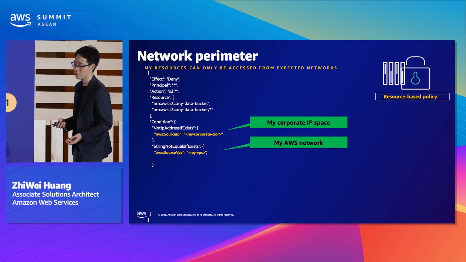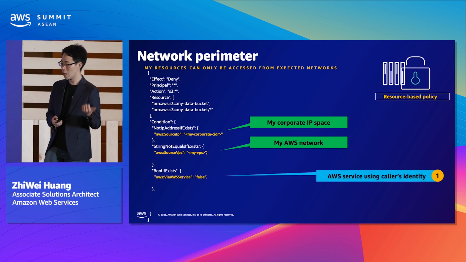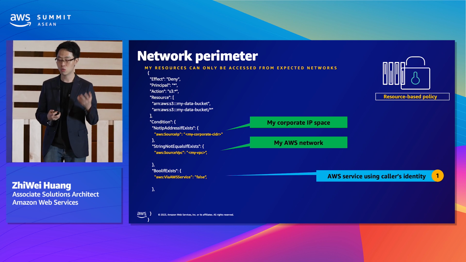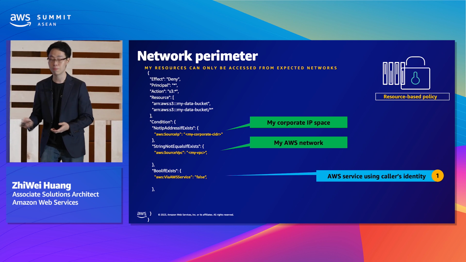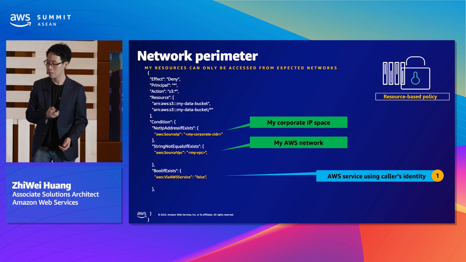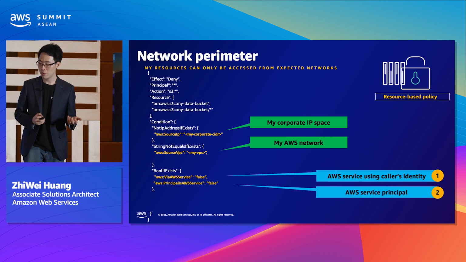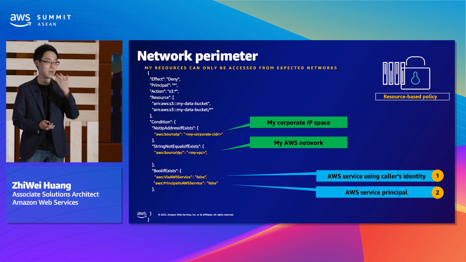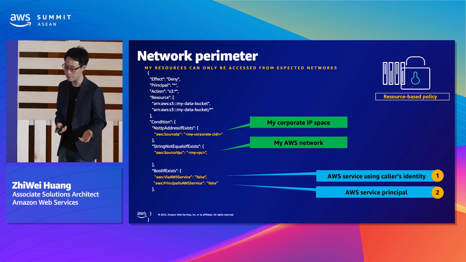First, we have the via AWS service condition key, which will take care of AWS services that are using the caller's credentials, for example, like Athena earlier. Next, the principal is AWS condition key will account for AWS principals or service principals like the CloudTrail service principal.